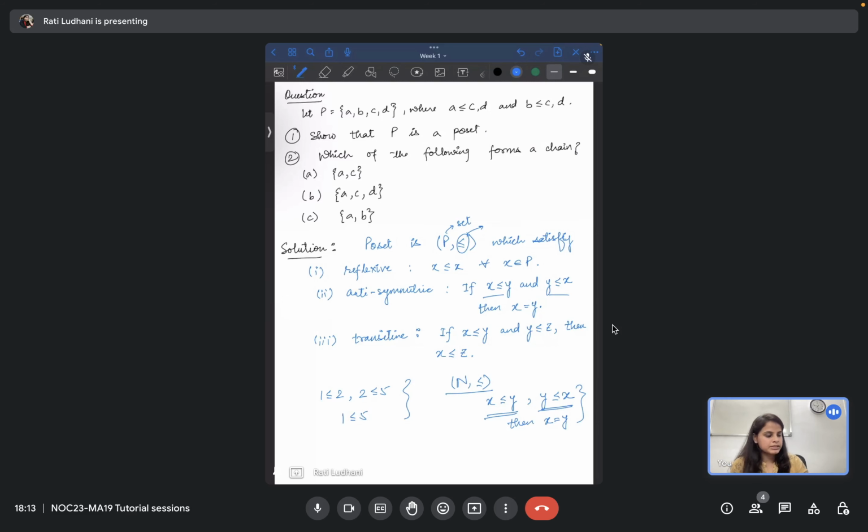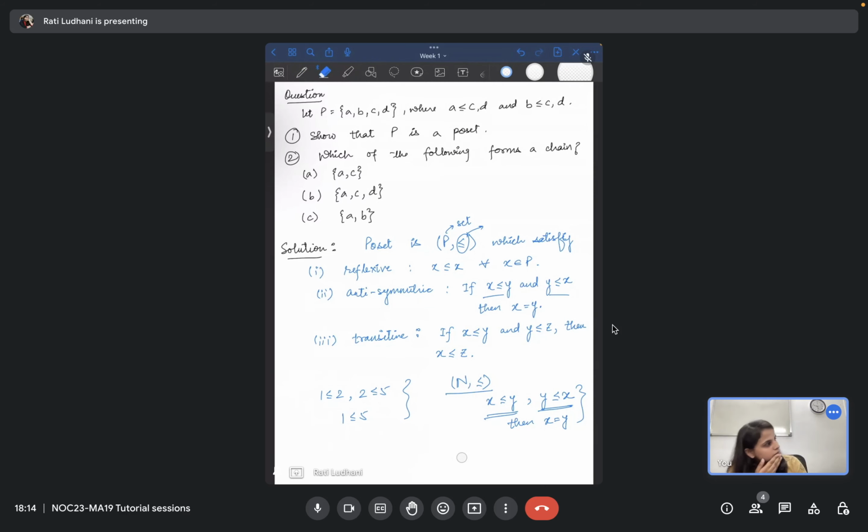If 1 is less than or equal to 2, you cannot write 2 less than or equal to 1, because 2 is never less than or equal to 1. So in numbers that is what is happening, but in an abstract sense this property definitely makes sense.